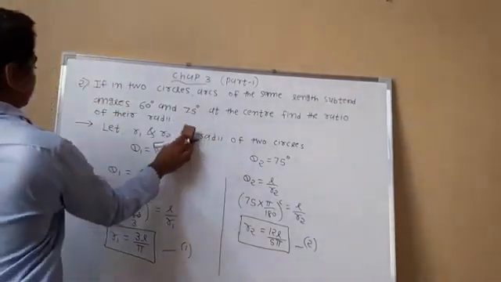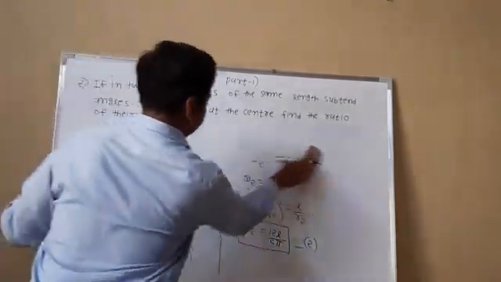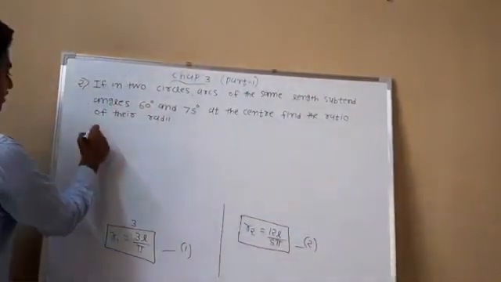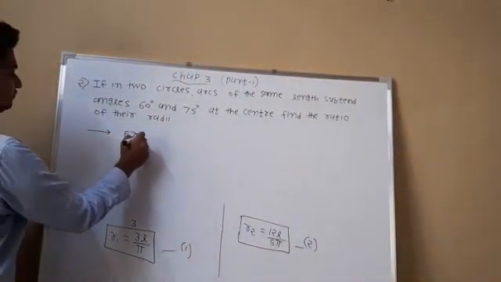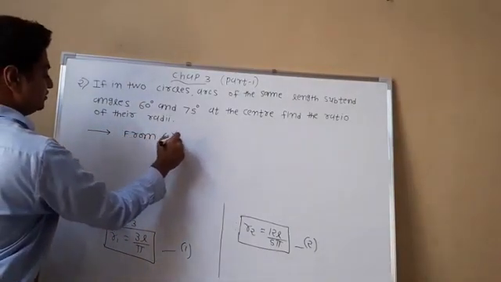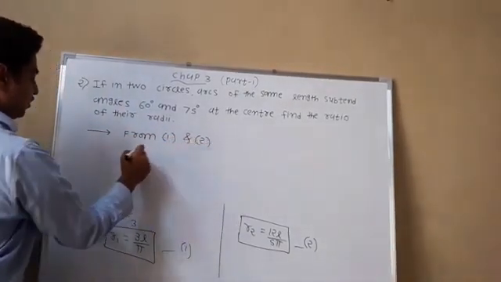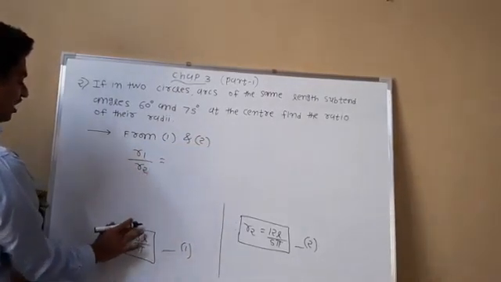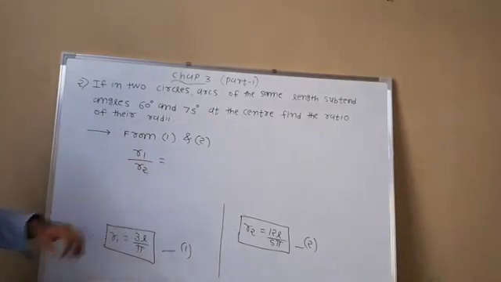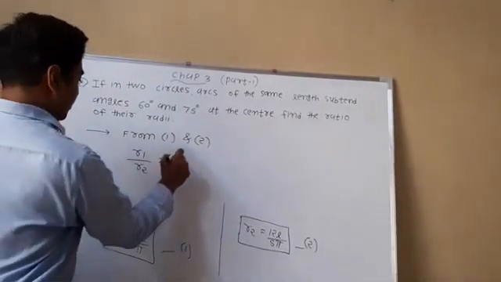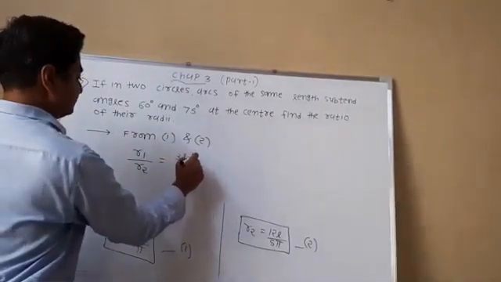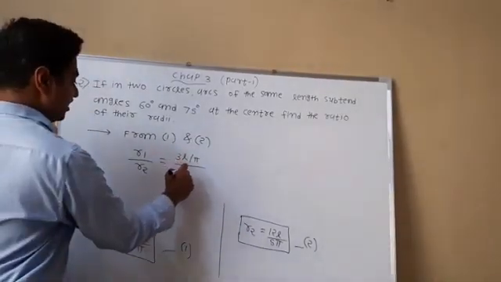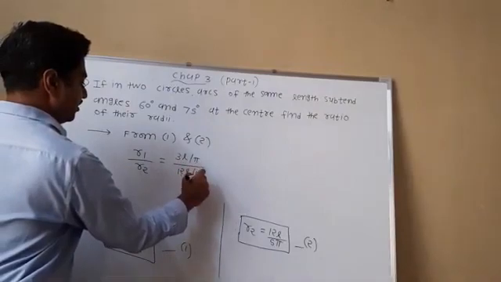So from 1 and 2, R1 upon R2 is equal to 3L upon pi in place of R1, upon 12L upon 5 pi in place of R2.